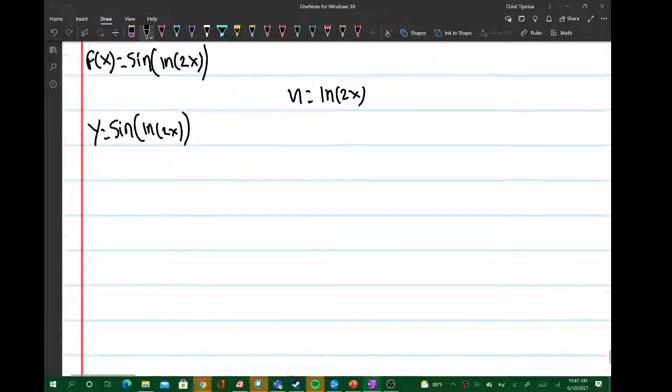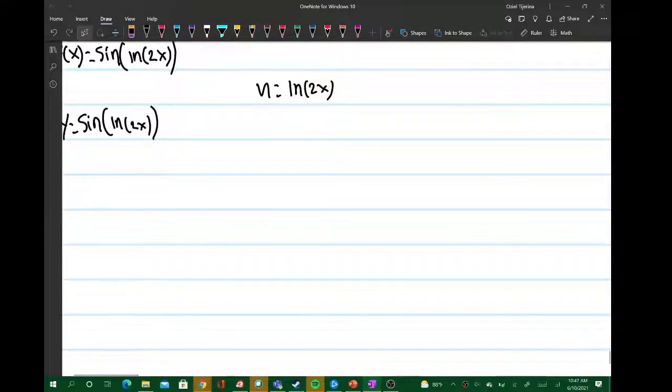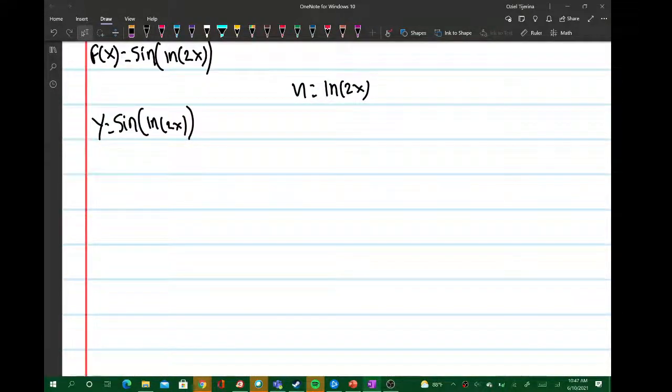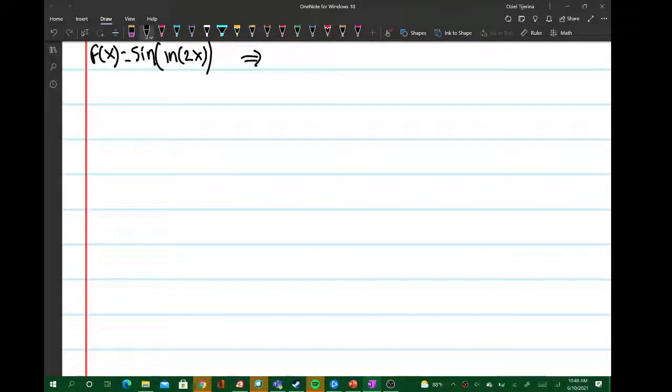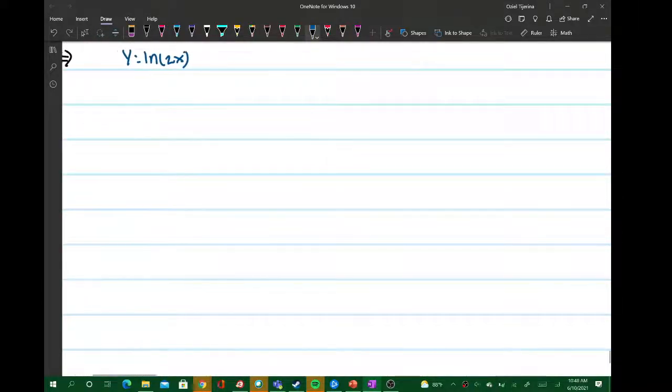Let's go from the very inner and then go outwards. So let's first look at this part: y equals ln of 2x, and I want to take the derivative of that. I want to say, what is dy dx?